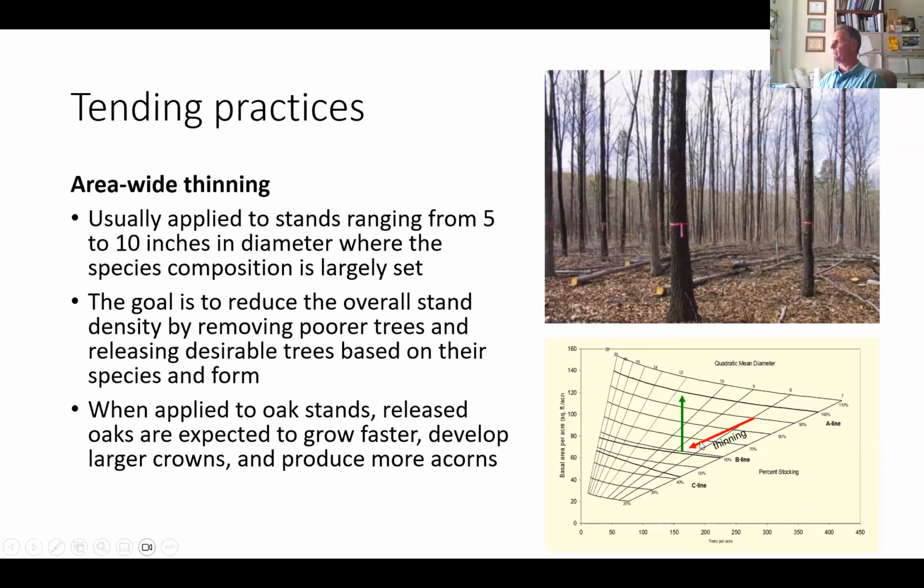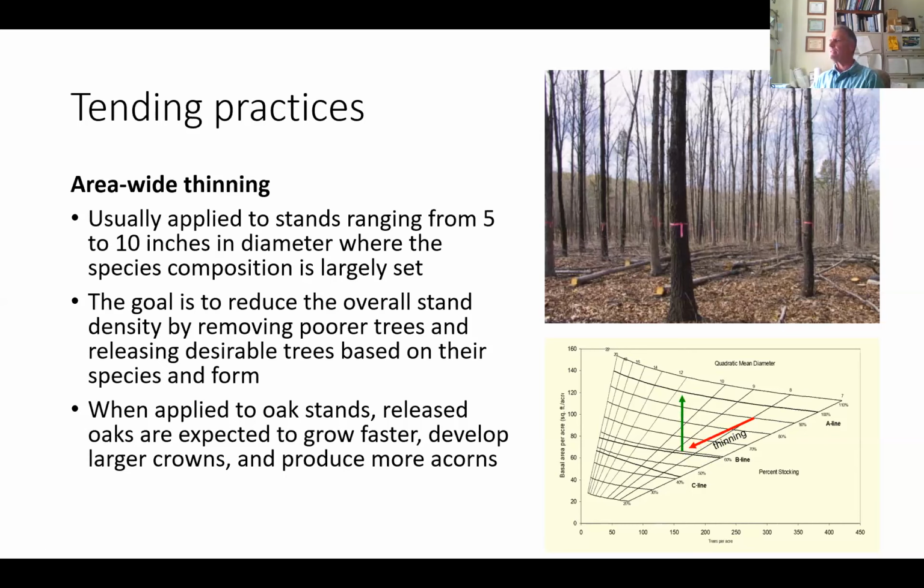The average diameter might go up a little bit if we thin from below. And we want to bring it down to close to that B level. And this zone is called full occupancy. And then that stand will respond by growing. Those individual trees we leave behind will respond by growing larger in diameter. So our average diameter goes up and our stocking goes back up towards that A level.